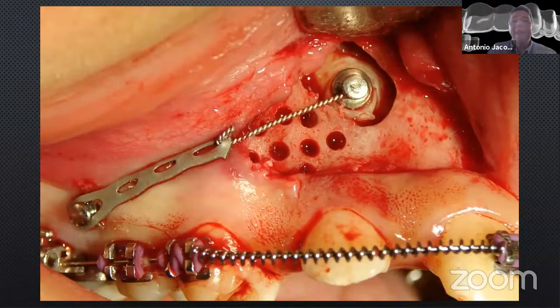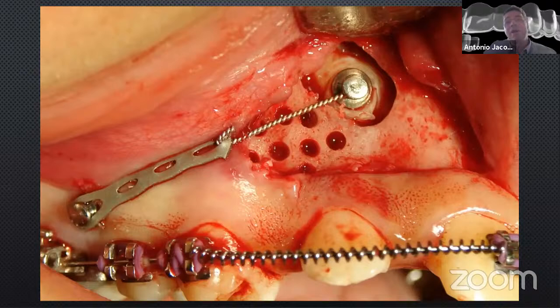And if we put a bracket in this situation, we will just move the root towards the crown of the canine. So first I have to remove the canine from the root of the lateral incisor, and then I can bond a bracket and mesialize this tooth.